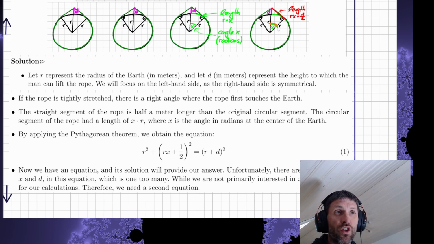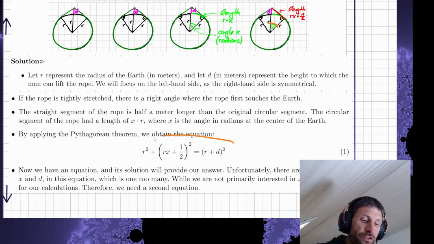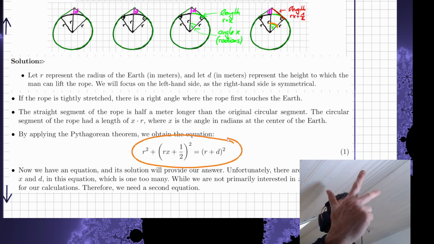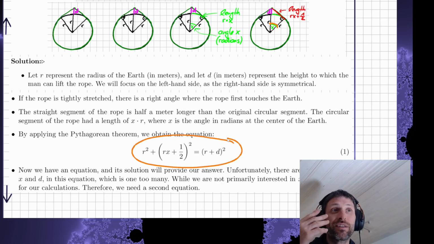Okay, so what do we have? We have this equation, and there are 3 letters. R is only an abbreviation of the radius of the Earth. Okay, so this is not really an unknown. It is a known.